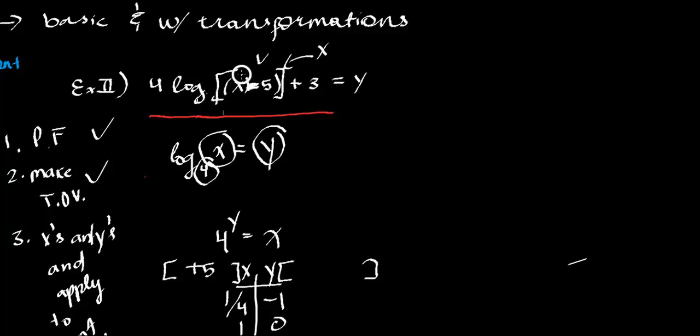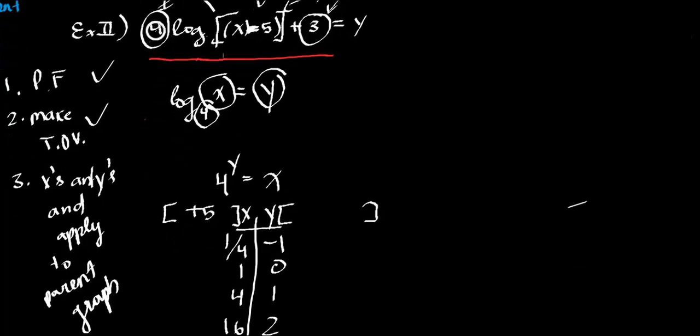What about the y's? Well, we got this 4 and this 3. So just remember whatever is outside the bracket, which is this and this, is applied to the y's. Okay, I know it's very messy. But whatever is outside applies to y, and inside applies to x. So remember, in front, you multiply. So whatever the value is, you multiply by that value to your y's.